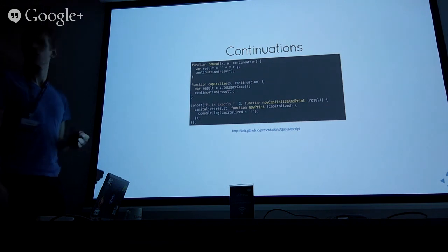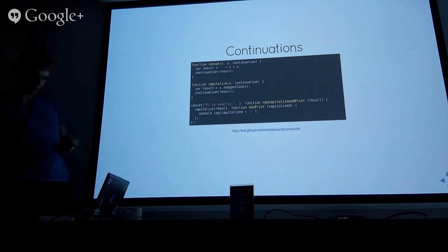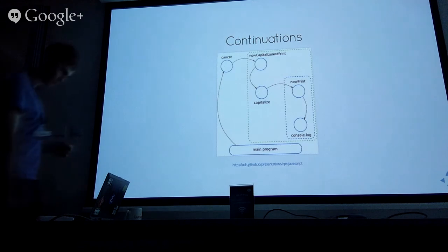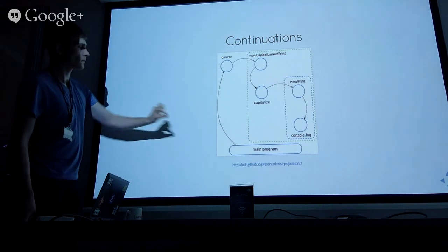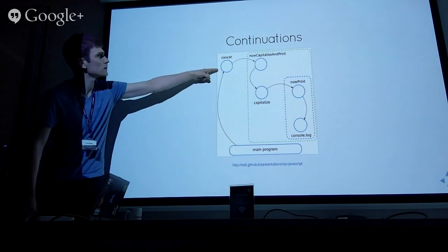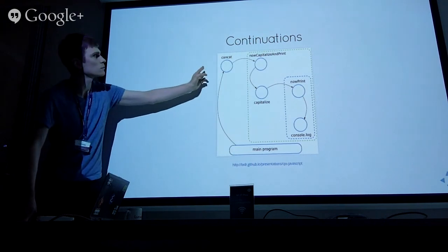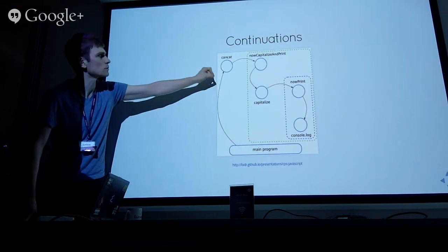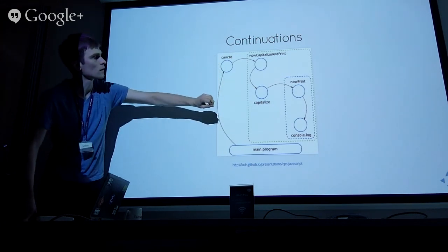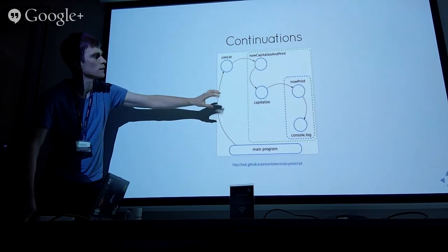Okay. And I will show you the flow for this. The main program passes something to concat, which now passes the result of it to another function here.